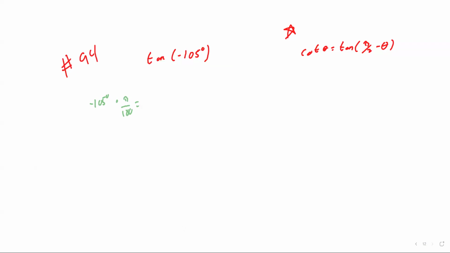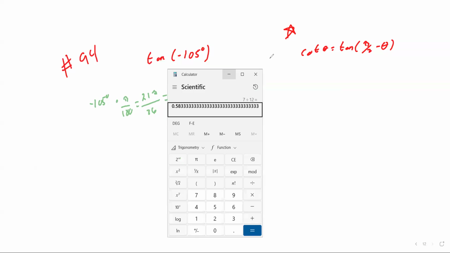So 105 divided by 180, okay, 105 divided by 5 gives us 21. 180 divided by 5 gives us 36, still divisible by 3, so that'd be 7 pi over 12. And I believe that's the same thing, 7 divided by 12. Yep. Okay. So there's our simplified.